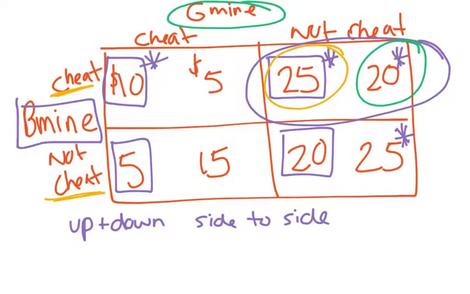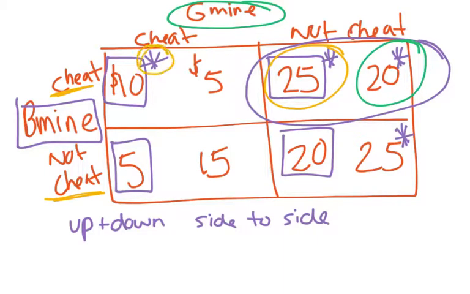Another thing you could be asked is if they have a dominant strategy. Dominant strategy means they do the same thing no matter what the others are going to do. Take a look. Does B mine or G mine have a dominant strategy? Pause the video. In this example, they actually both have a dominant strategy. No matter what, B mine is always going to cheat.